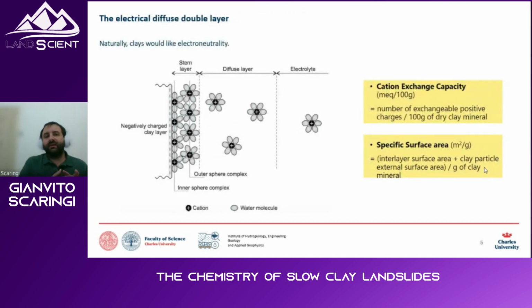What does this electrical field do? Well, first of all, clays exist in a hydrated form, so they are surrounded by water molecules. Water molecules are, on average, neutral, but they have a separation of charge because of the arrangement between hydrogen and oxygen.